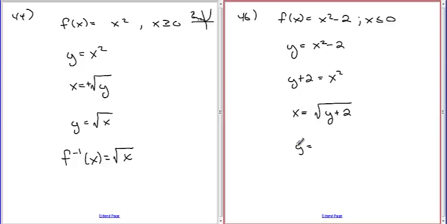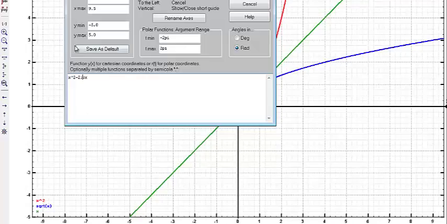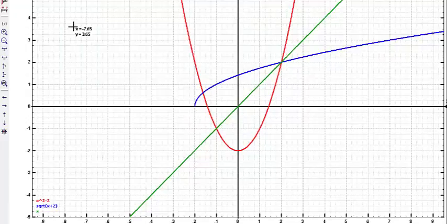So you switch it, you get y equals the square root of x plus 2. Therefore, the inverse function is the square root of x plus 2. So let's plot that. Square root of x plus 2. Graph it. Okay.